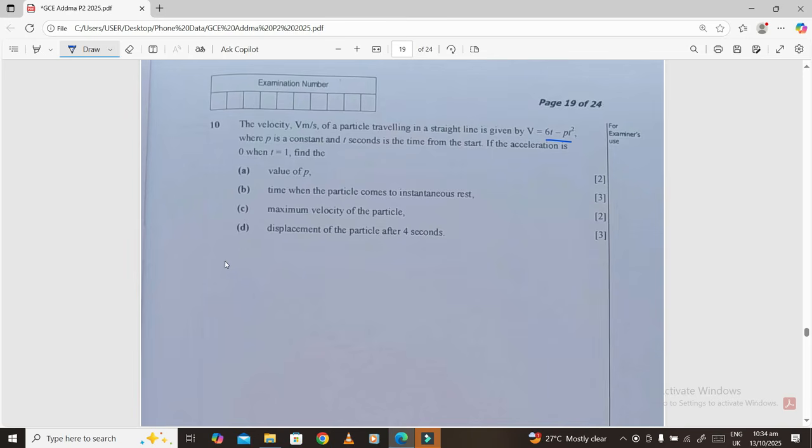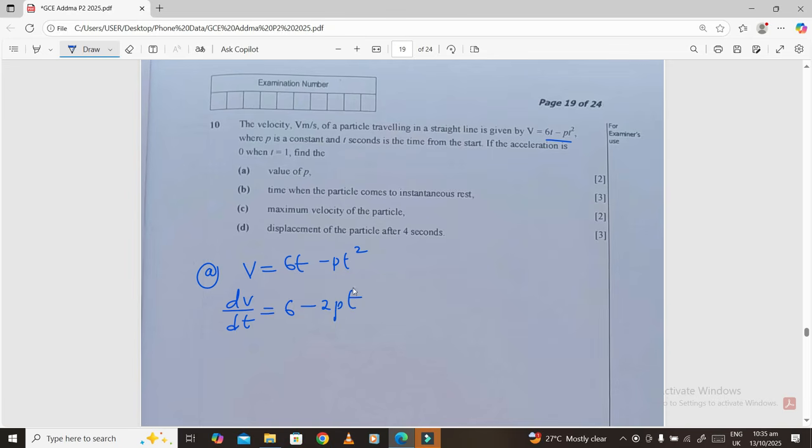So for us to find the acceleration for question A, we are going to get the given function or equation, and then find dv/dt. So this is a 6, and then here it will be 2pt, okay.